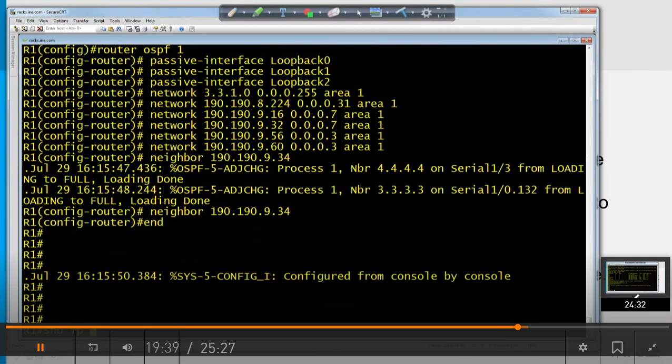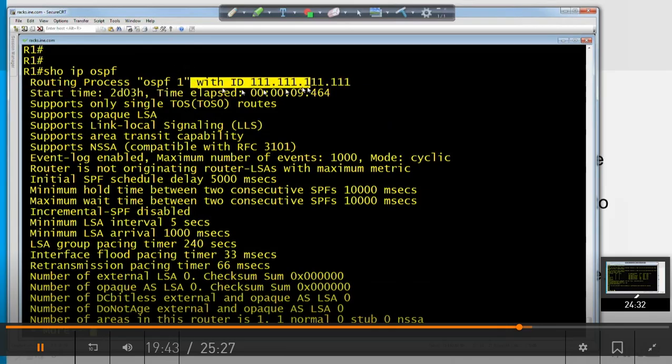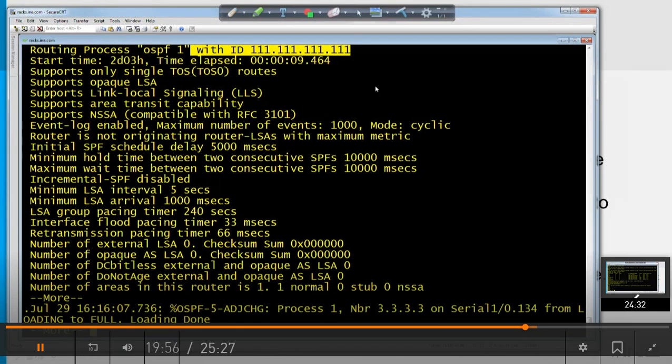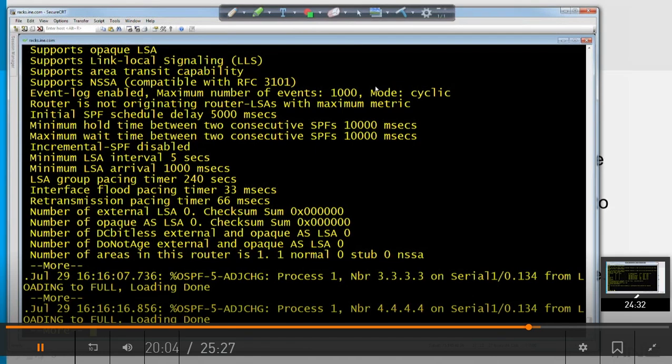Show IP OSPF. And now he's finally using that router ID that we want. Very painful process. So what's the moral of this story? The moral of this story is if you want a specific router ID, use the router ID command. Trying to manipulate loopbacks to get him to use a certain name is just really challenging.